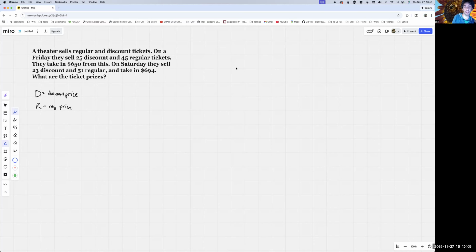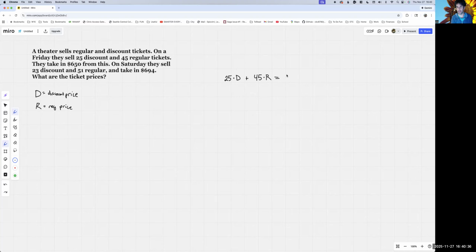Well, I know that on Friday, the money I got from the discount tickets, which would be 25 sold times the price, this is going to be in dollars, plus 45 regular tickets sold times the price of regular tickets, and $650 was earned.